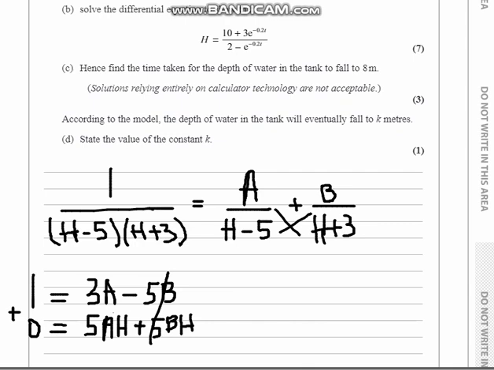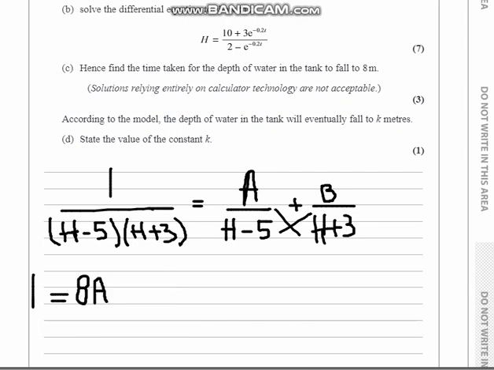I'll be left with 1 equal to 8A, and to obtain A I'll divide both sides by 8. To find B, I'll use my first equation and plug in this value of A. So I find that B is equal to minus 1 upon 8.